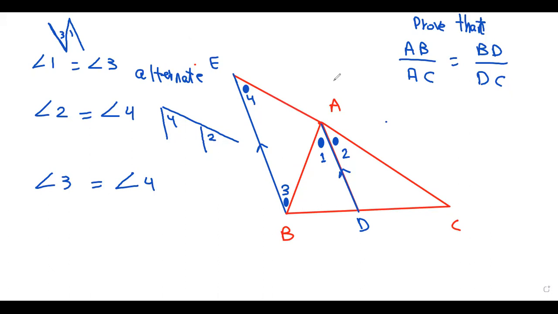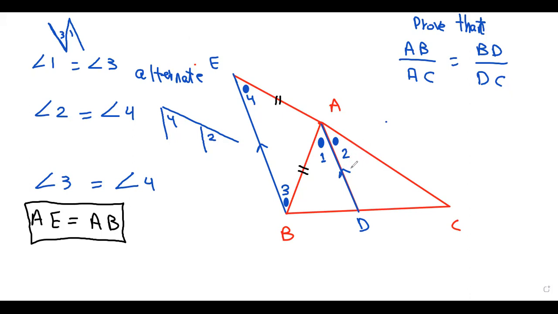So the length of this side will be equal to the length of this side. So AE equals AB. Keep it now because we are going to use it after a while.